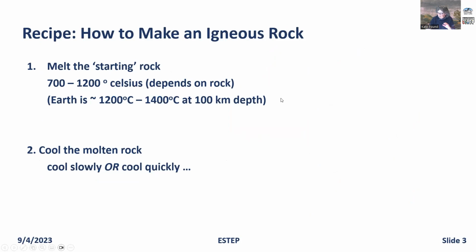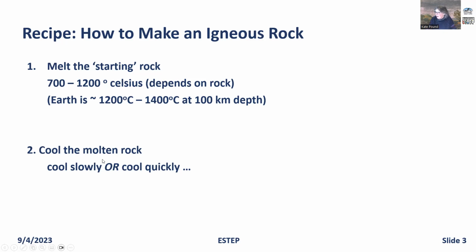If you want kind of a check on things, if we go down to about 100 kilometers below Earth's surface, the temperature ranges from about 1200 to 1400 degrees Celsius. So we've made our molten material, and then we have to cool it.